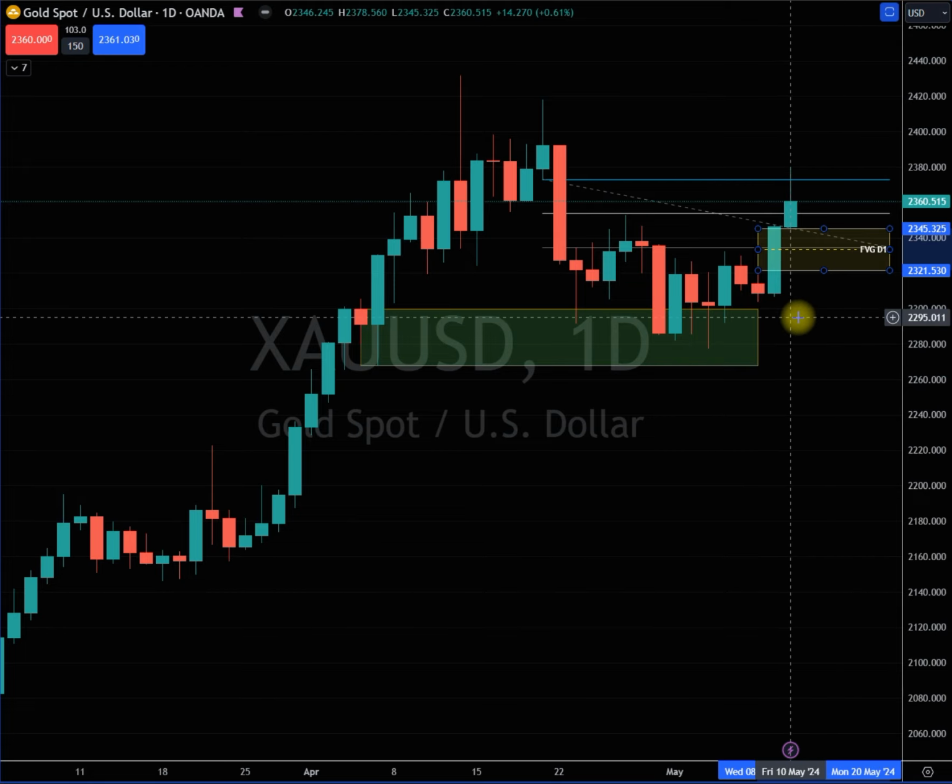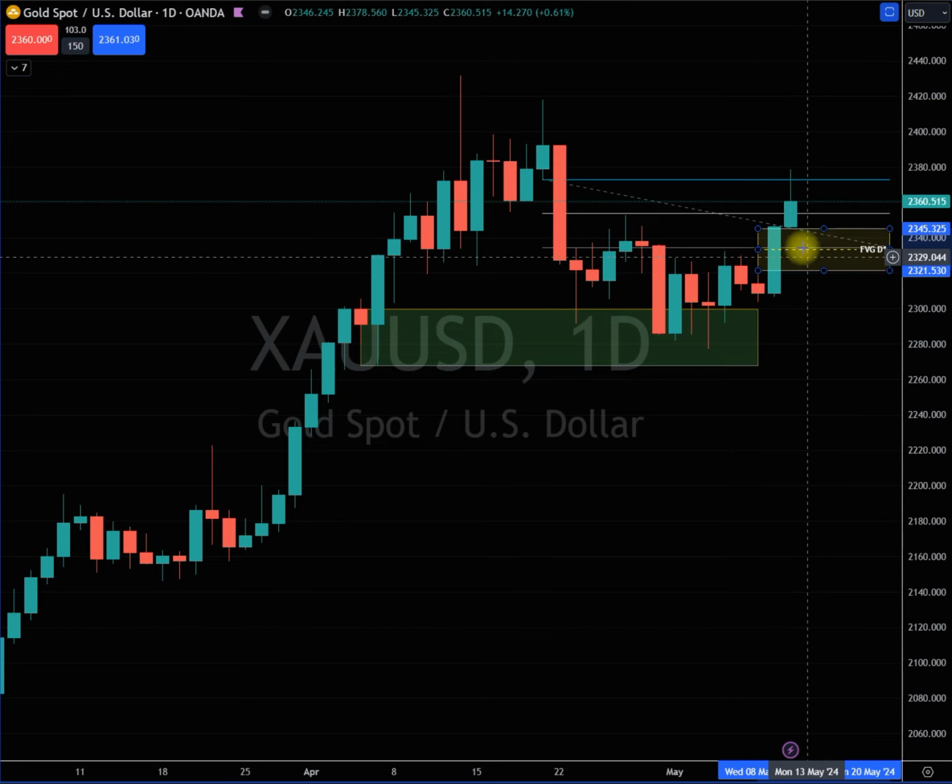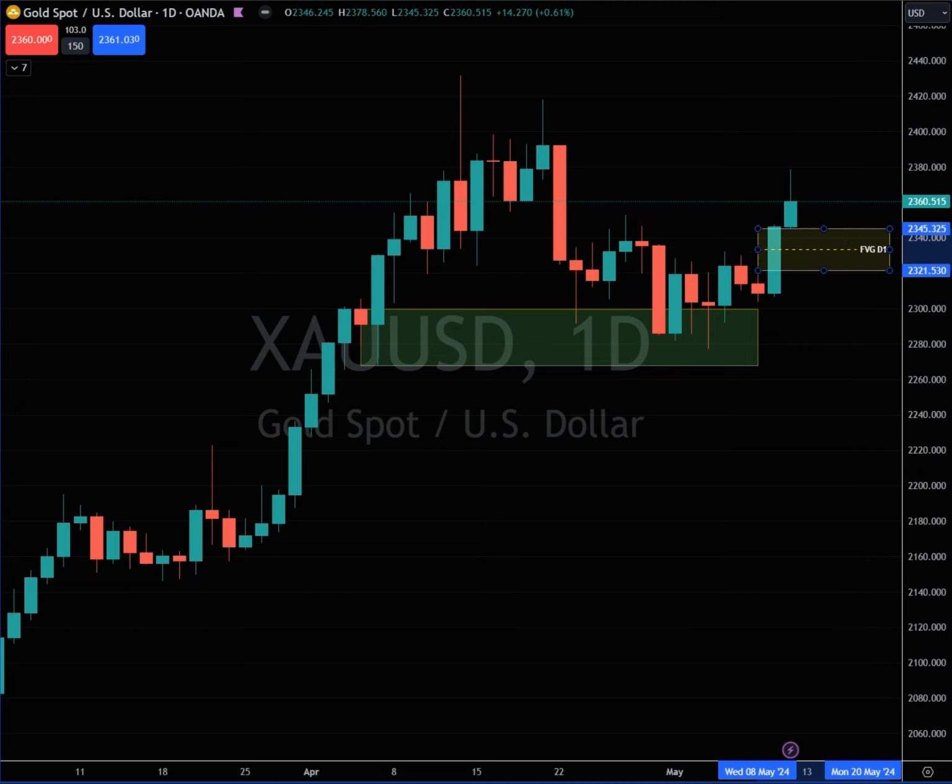What I want to see is this fair value gap here act as a breakaway gap. So I don't want to see price retest this level.